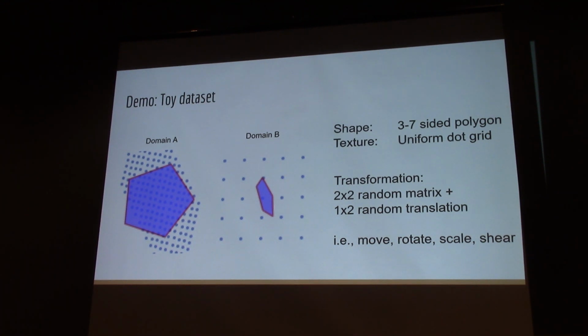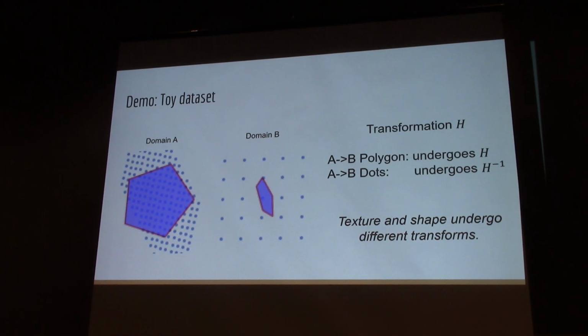So we generate a random 3 to 7 sided polygon, and then a uniform dot grid. We also generate a random transformation. It's a 2x2 matrix, and then a 1x2 translation. This gives us all kinds of displacements, rotations, shears, and scales. And you'll notice that something different is happening between the dots and the polygons.